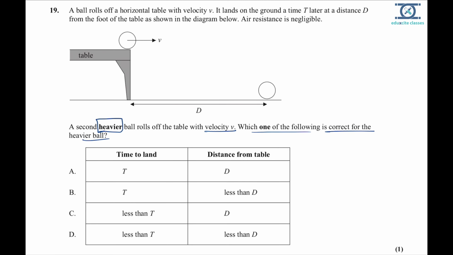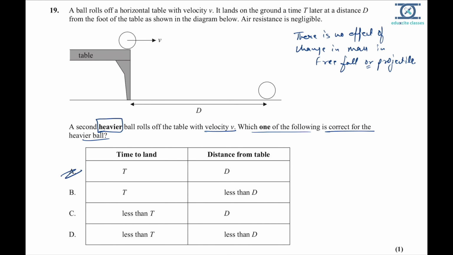Now please guys make this very clear that there is no effect of change in mass in free fall or projectile. There is no role of the mass of an object, it is independent. So time and distance both will be the same.